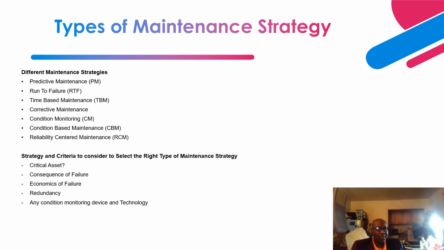Predictive maintenance is when you collect oil samples and perform oil quality testing and also dissolved gas analysis to determine the components of the gassing that you have in oil. That can be considered predictive maintenance. Another typical predictive maintenance is infrared thermography, when you perform infrared thermography to identify hotspots on electrical equipment. That is considered predictive maintenance.